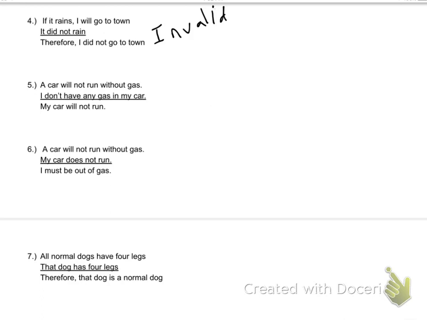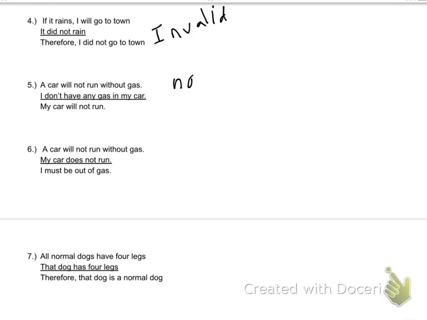A car will not run without gas. Valid statement. I don't have any gas in my car. A car will not run. Invalid. This is one of those weird ones again. What is the first statement really saying? A car cannot run without gas. Is it saying that?